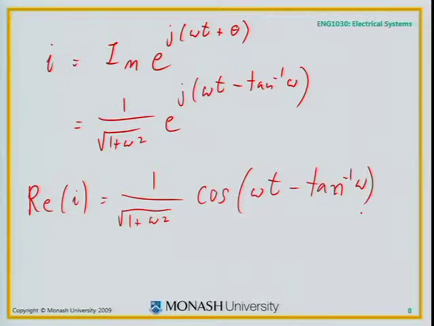Normal KVL, nodal analysis, mesh analysis, in the complex domain and we solve our circuits. That's the beauty of it. Once you've done this, you don't have to do differential equations at all. So you avoid it altogether.